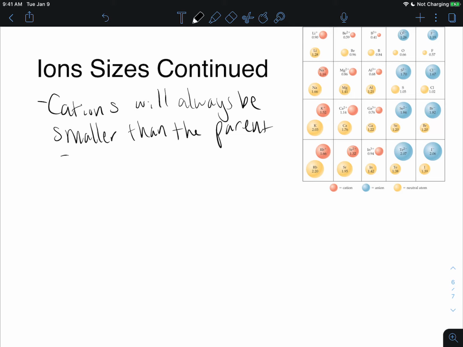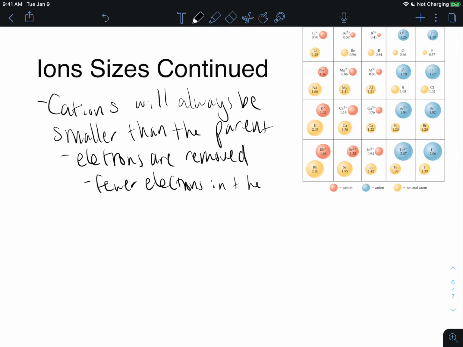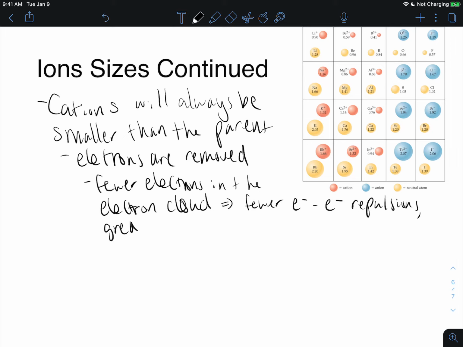So electrons are removed. This leads to fewer electrons in the electron cloud, which leads to fewer electron-electron repulsions and a greater effective nuclear charge, both of which result in a smaller size.